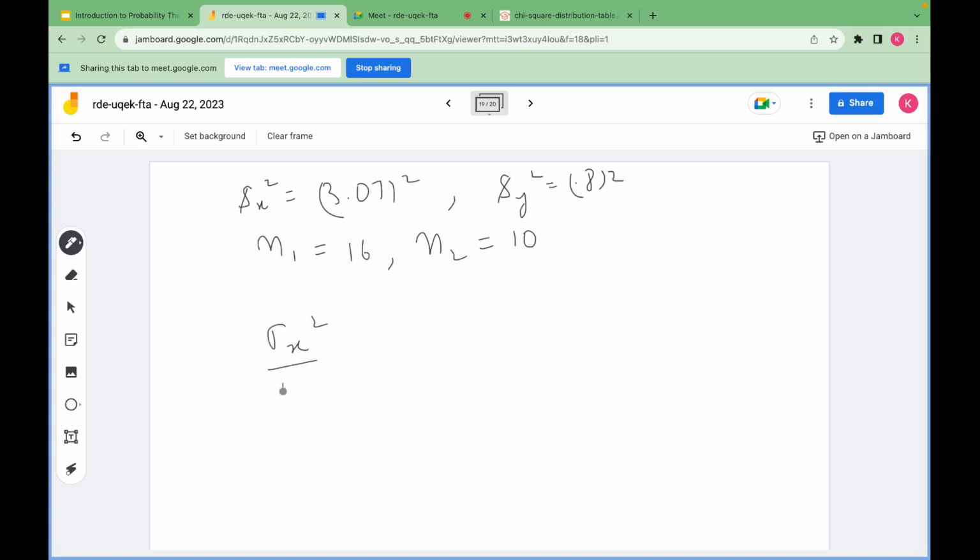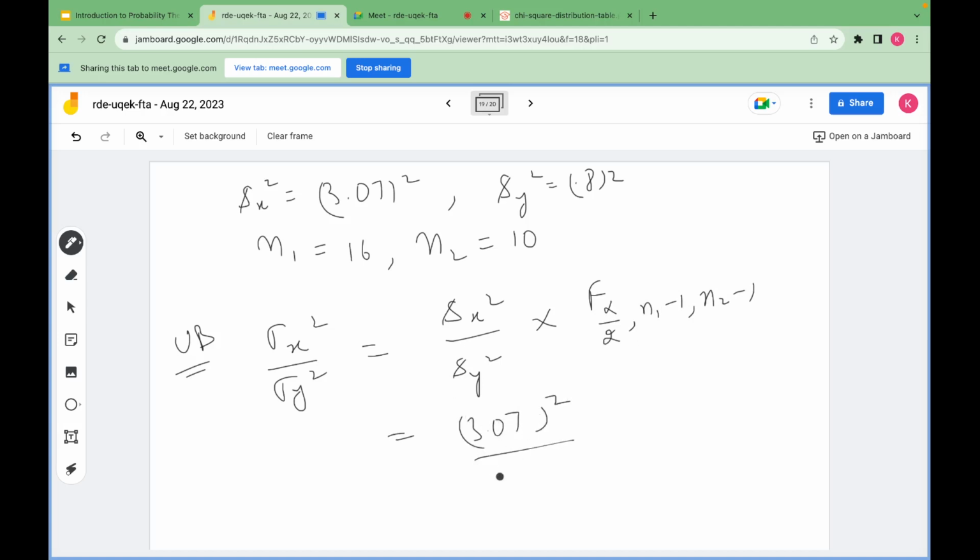So for sigma x square by sigma y square, for the upper bound, this value will be sx square by sy square into f alpha by 2, n1 minus 1 comma n2 minus 1. This is 3.07 square divided by 0.8 square into f 0.025, as alpha is 0.05, comma n1 minus 1 is 15, n2 minus 1 is 10.